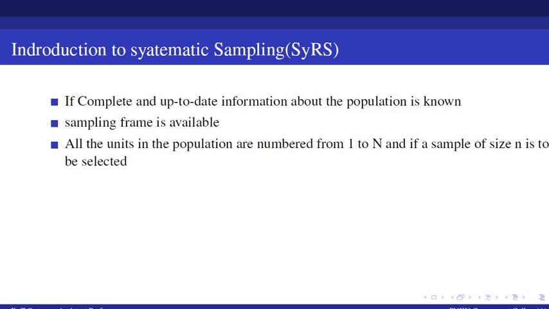There is a population with capital N units. All the N units are numbered from 1 to capital N in some order.